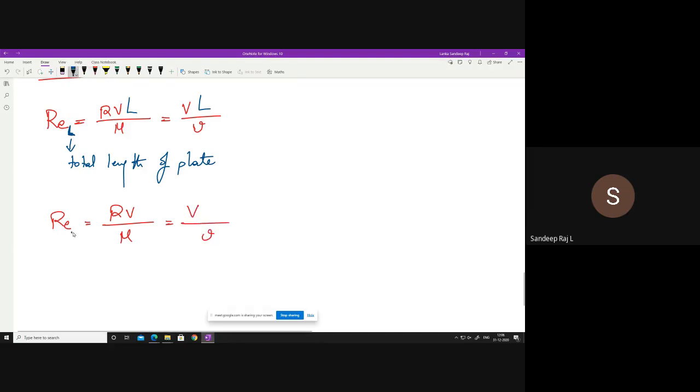Let us say Re_x, if he is writing. What is the meaning of this x? The meaning of this x is till the x value.